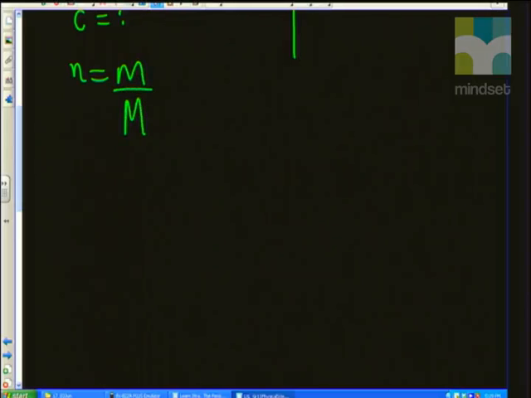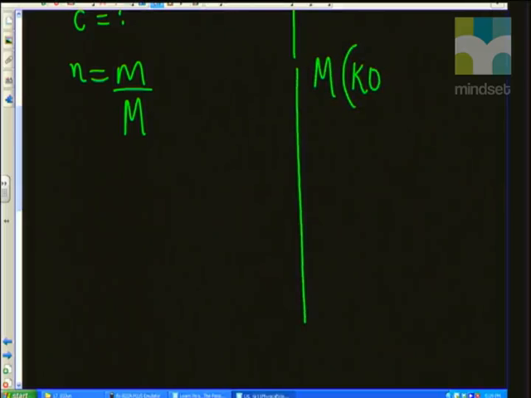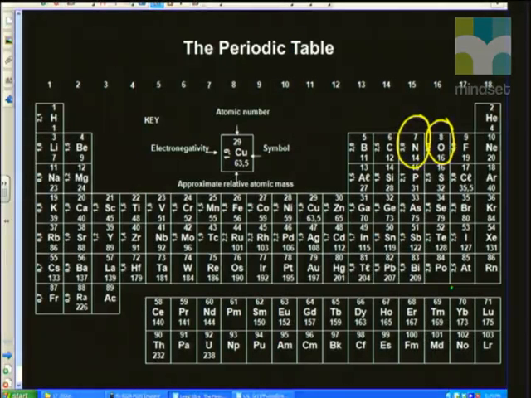Number of moles is given mass over molar mass. Now, the molar mass I need to work out. It is the molar mass of potassium hydroxide. We go to our periodic table again. For potassium, K, I've got 39. For oxygen, once again, I've got 16. For hydrogen, I've got 1.